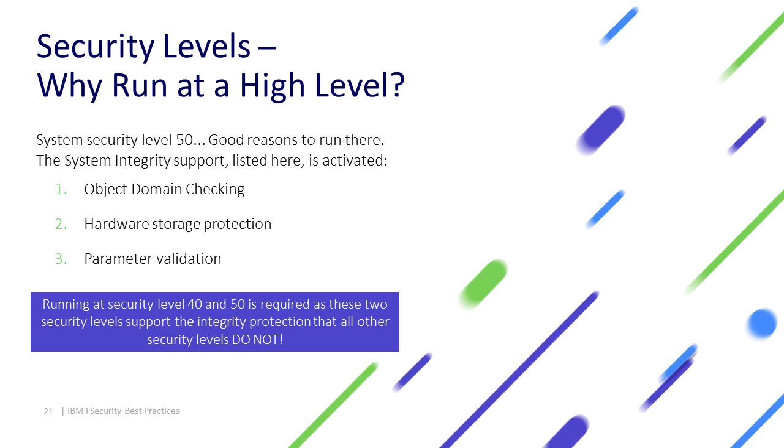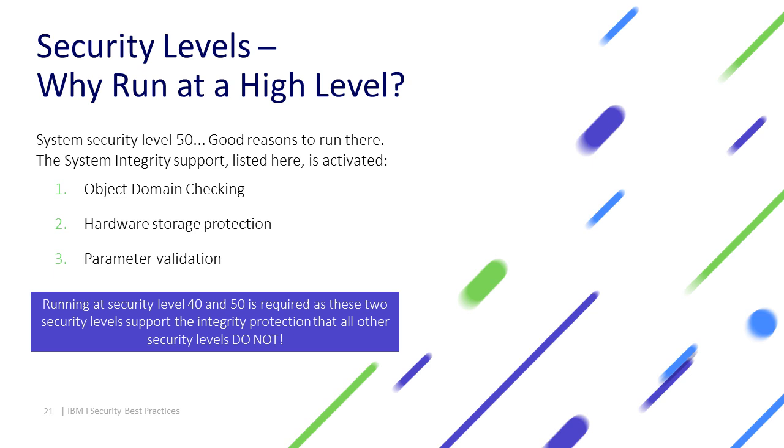An API on IBM i for DB2 is an API called Open, and there are APIs to read a record, write a record, update a record, and delete a record from that DB2 file. Those are all APIs. When you're running at the lower security levels, there are some risks that an application program can use an interface that does not need to use the APIs.